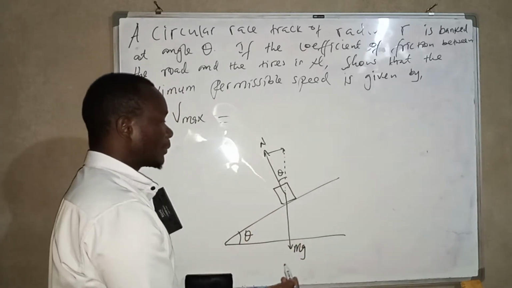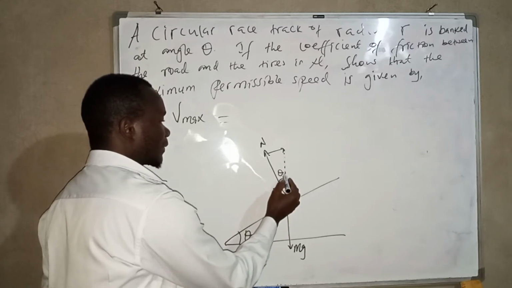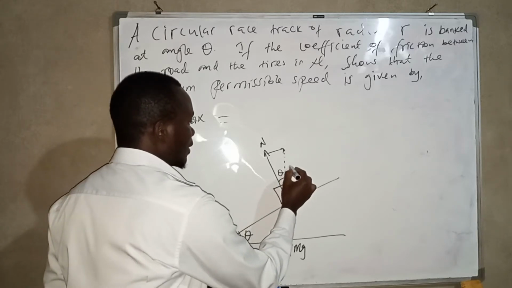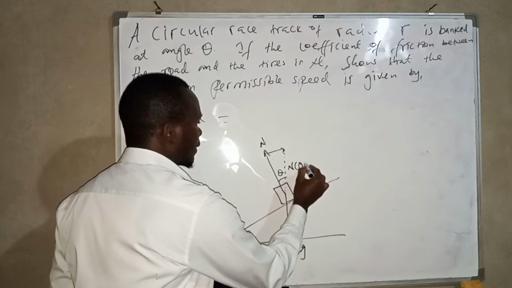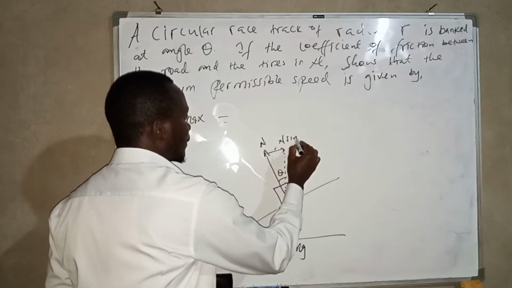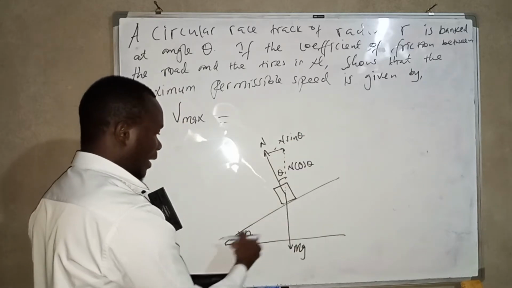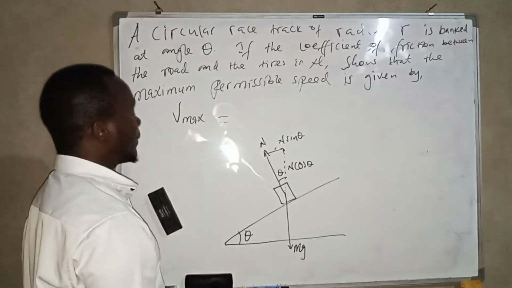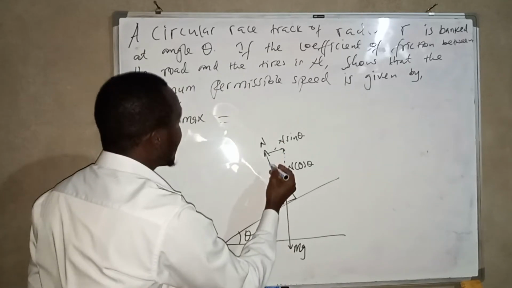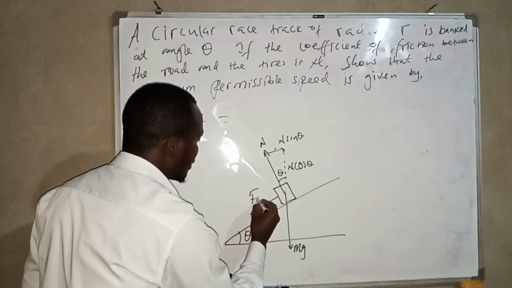We are resolving now. The side that is adjacent to this angle is N cos theta. Then this one becomes N sin theta. Then as it approaches the center of the circular racetrack, there is centripetal force in this direction.